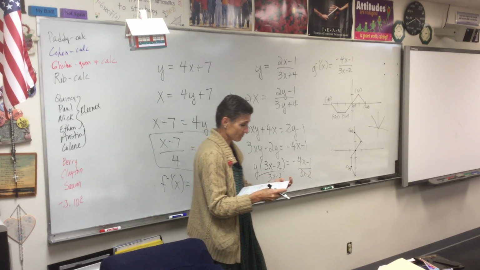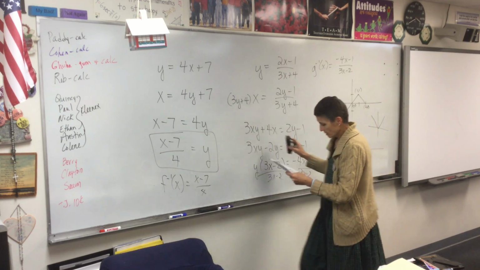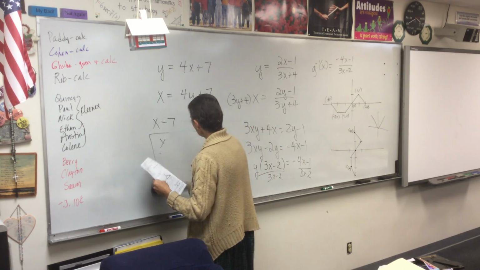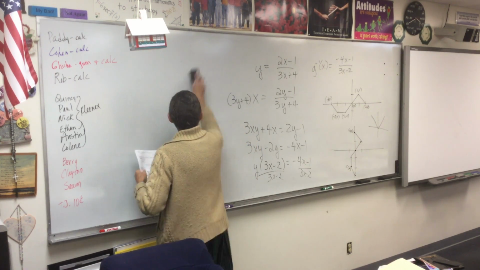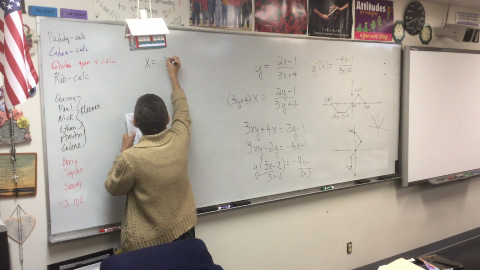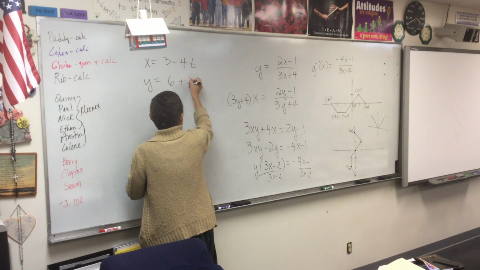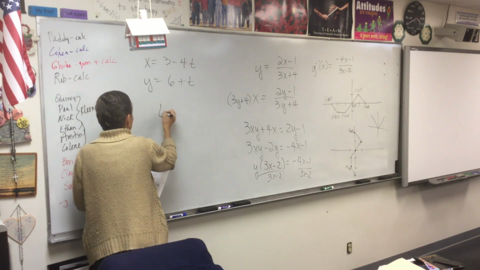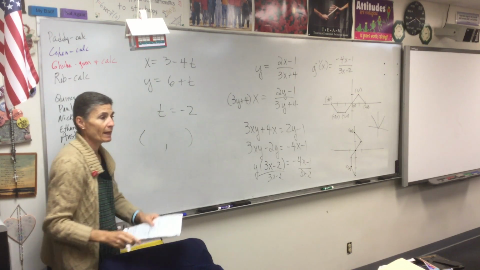All right, next page. Do not be confused by this. This is probably the easiest question on the whole test. It says x is 3 minus 4t, and y is 6 plus t. Now you're going to let t be -2, find the ordered pair.